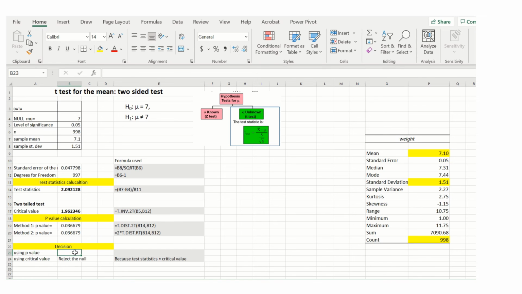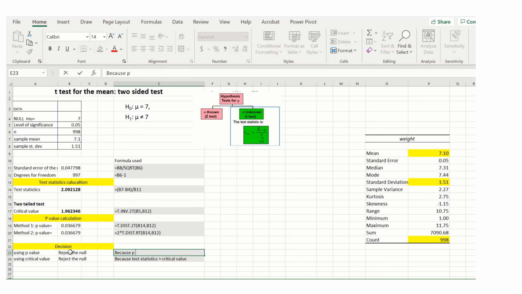Now, time to make a decision. Are you going to reject the null or not reject the null? If you want to use the p-value, we're going to compare the p-value with the level of significance. Given that our p-value is less than the level of significance, we reject the null. Why?